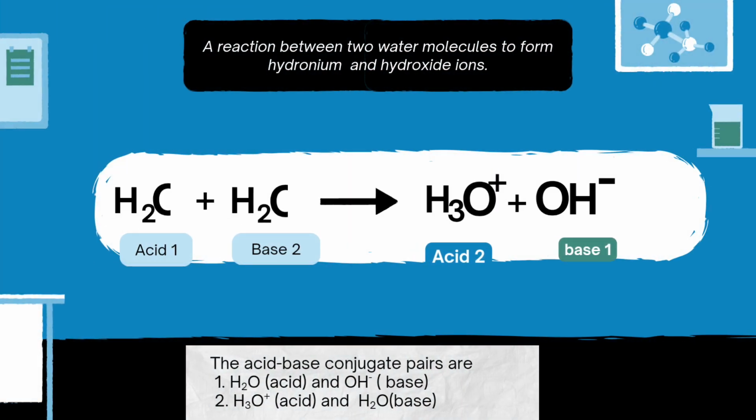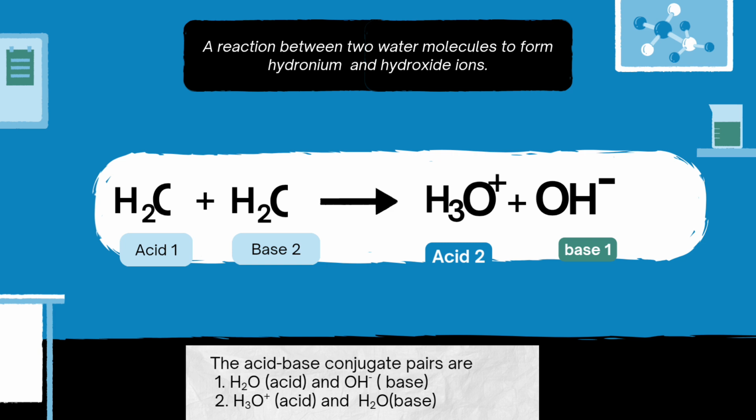So let's look at this example on this sheet. It talks about the reaction between two molecules of water, so look at them very well. The first water, which I've underlined as the acid, is capable of donating a proton to the second water to form hydronium, whilst it loses that hydrogen to form hydroxide.